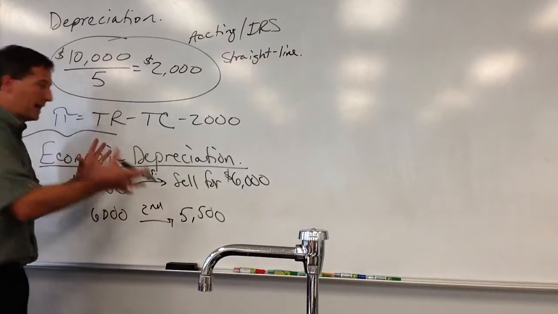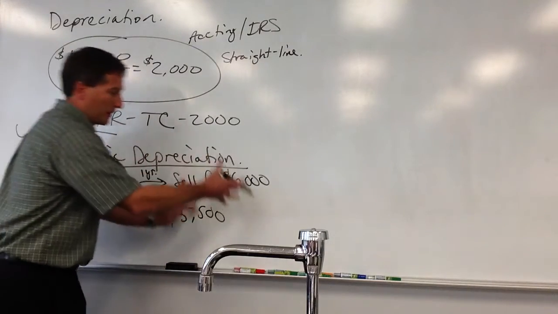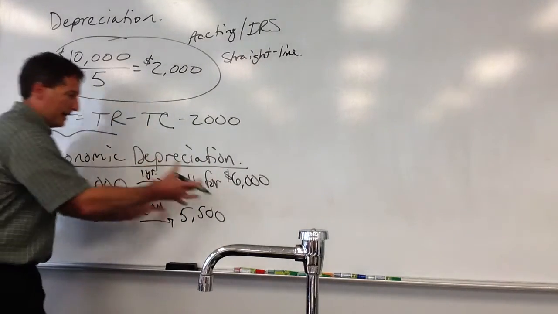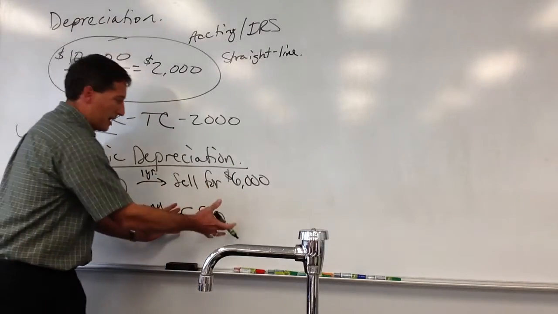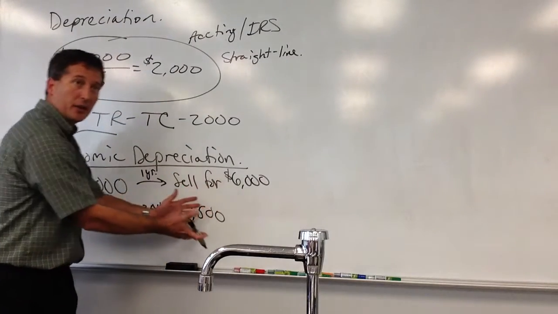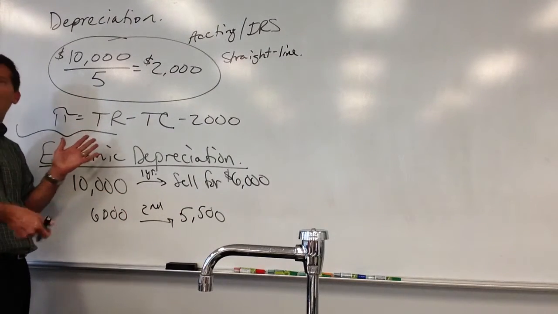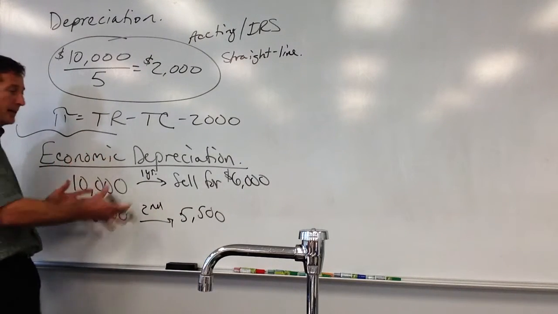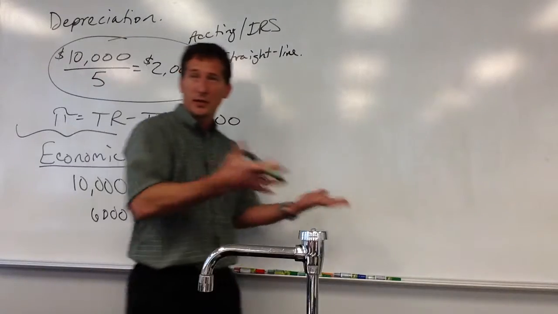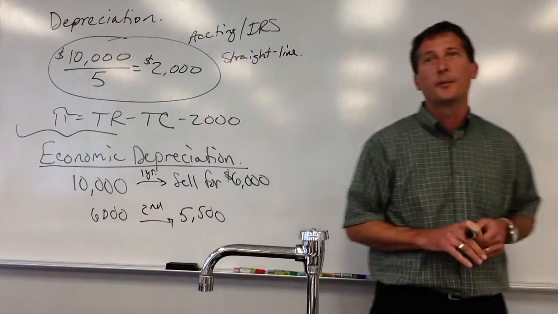I'm holding on to that grill. I'm choosing to hold on to the grill for another year, and it has an implicit cost of losing $500 over the course of that time. Hopefully I'm making much more money flipping my hamburgers, but at least I'm capturing the lost opportunities of holding on to the grill. Okay?